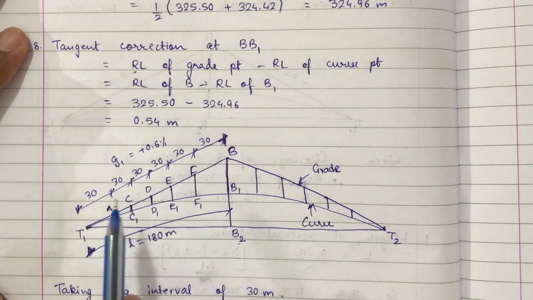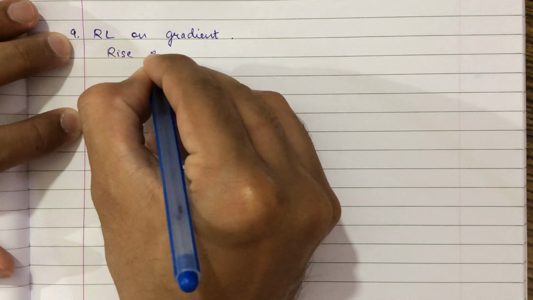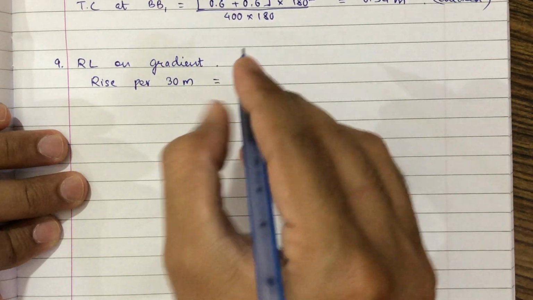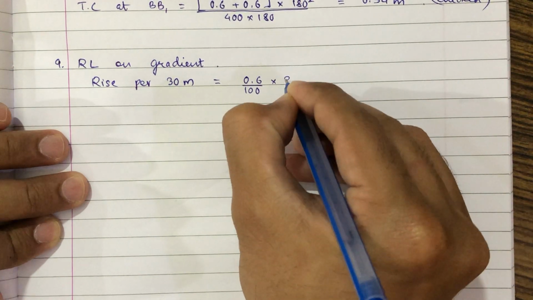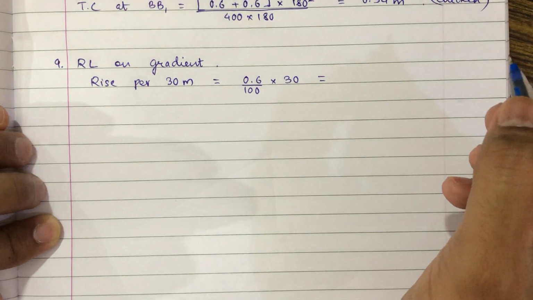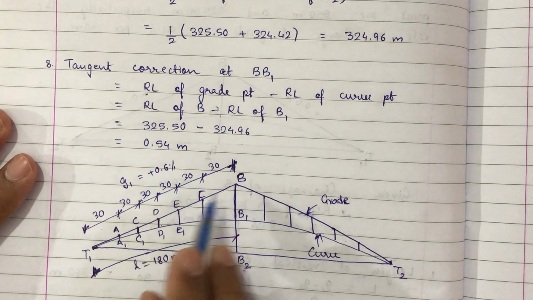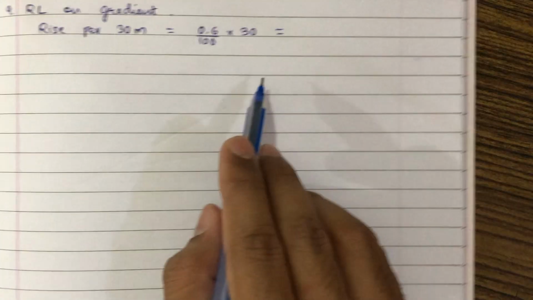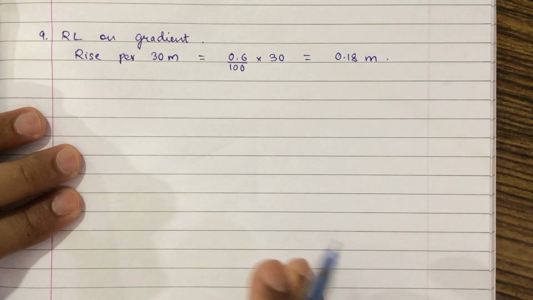So rise per 30 meter will be equal to 0.6 by 100 into 30, because we have to see by how much length it is rising on the gradient from this point T1. This value comes out to 0.18 meter.